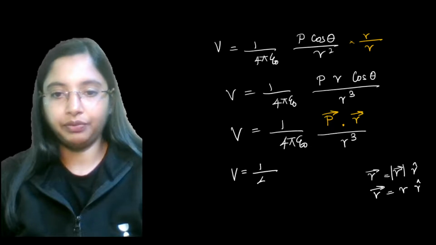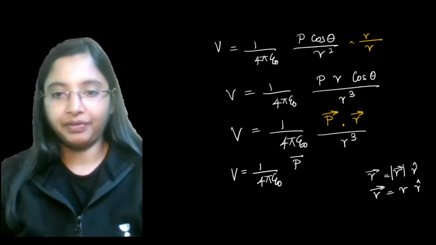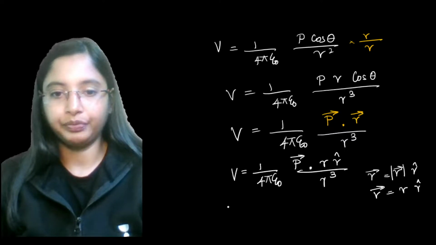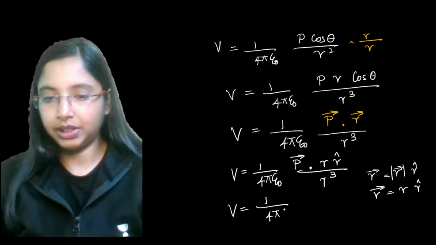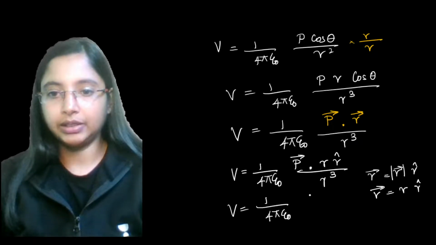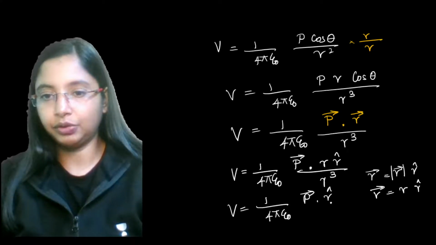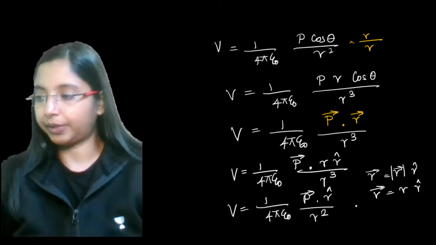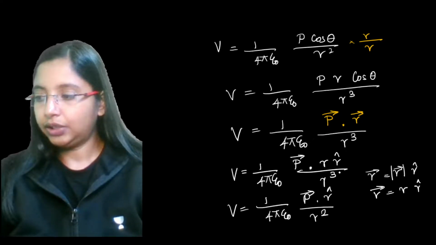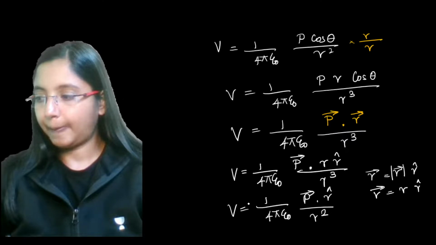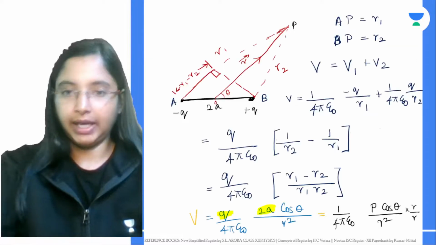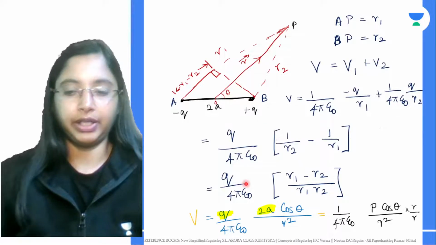So V will be 1 by 4 pi epsilon naught, P vector dot, instead of R vector, you can write R into R cap divided by R cube. Then you will have 1 by 4 pi epsilon naught, R and R square you can cancel, so you will have P dot R unit vector divided by R square. Now this unit vector R acts along the line joining here.